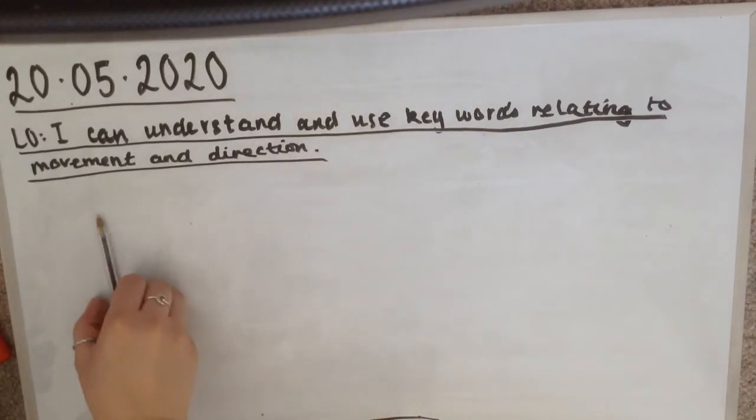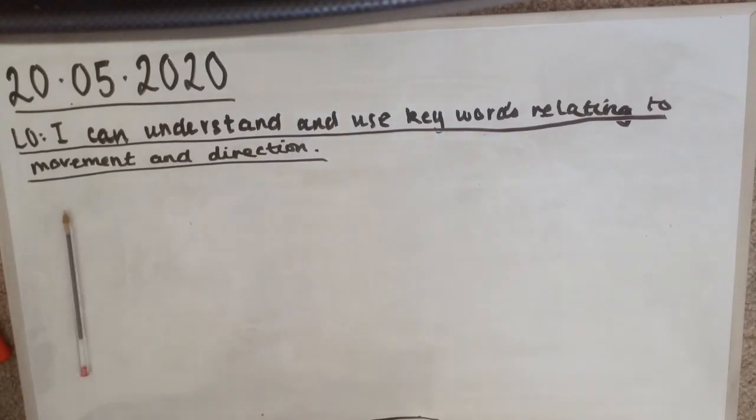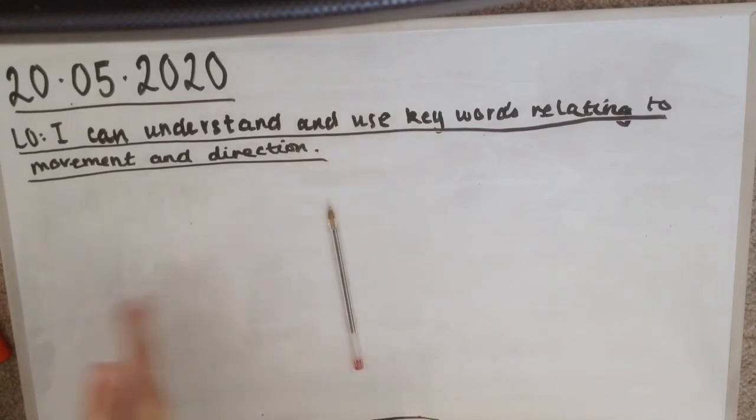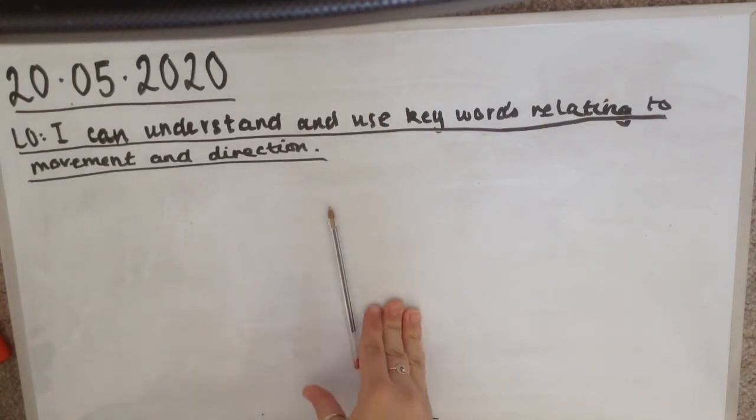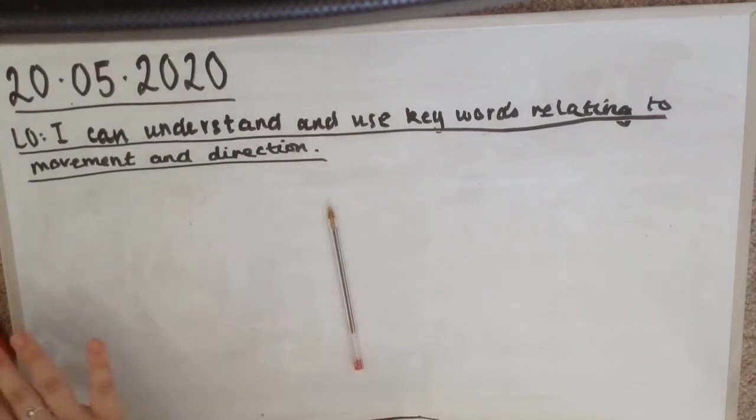If my pen starts here, and I move it like this, it still has moved to the left. Although it's only moved a little bit, it has still moved to the left. If I was to then move it back to the centre, the pen has moved to the right. So that is how we use things for left and right.